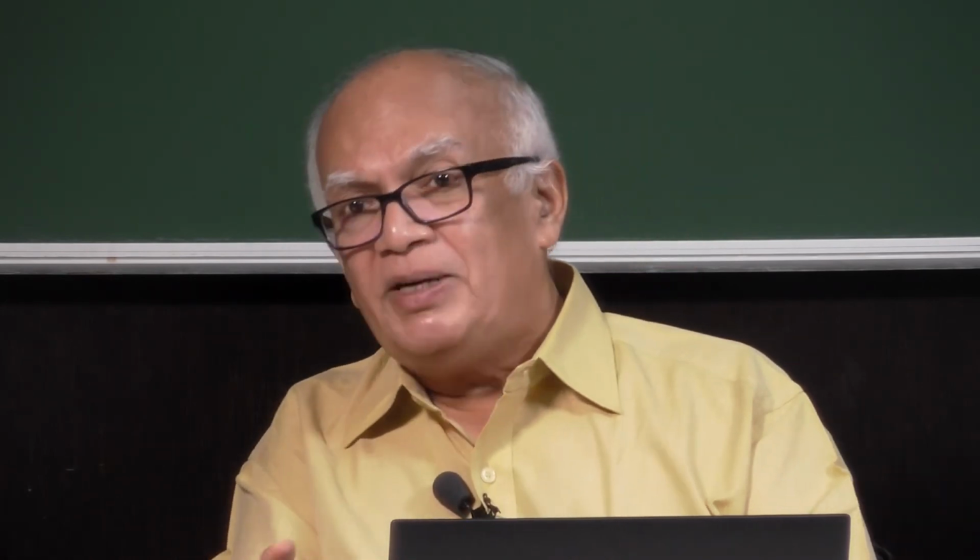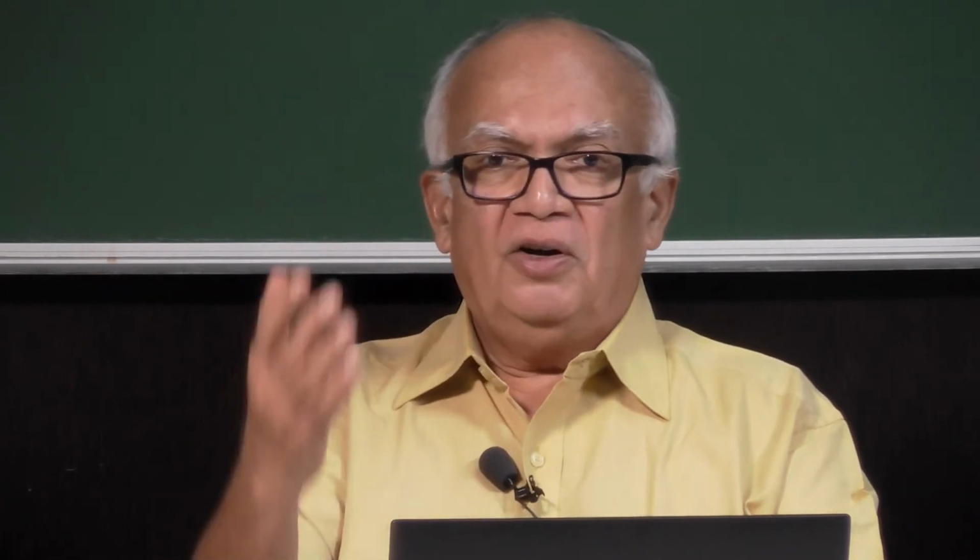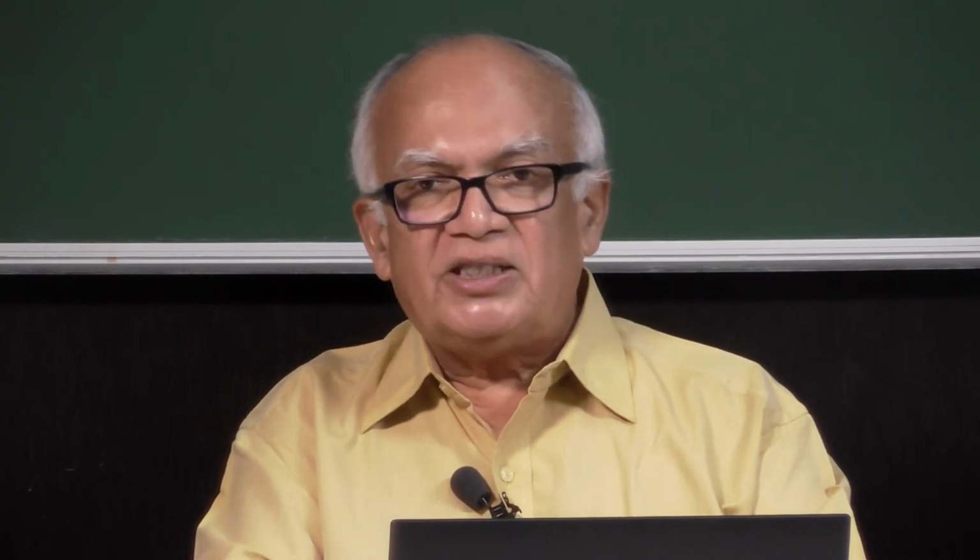Okay? It is rated as one of the most beautiful experiments in physics. If you do a Google search and ask for which are the most beautiful experiments in physics, the Young's double slit experiment will pop up in the top 10 or 20 or maybe even less. Okay? And this is part of the reason.